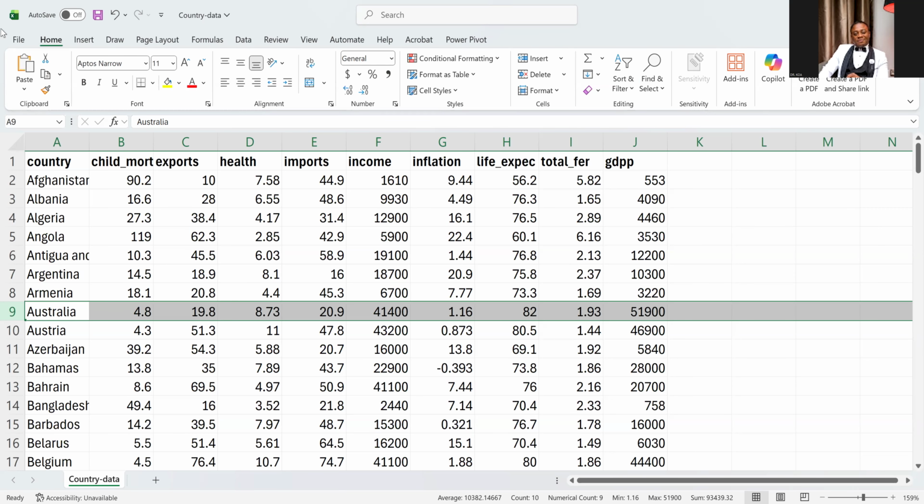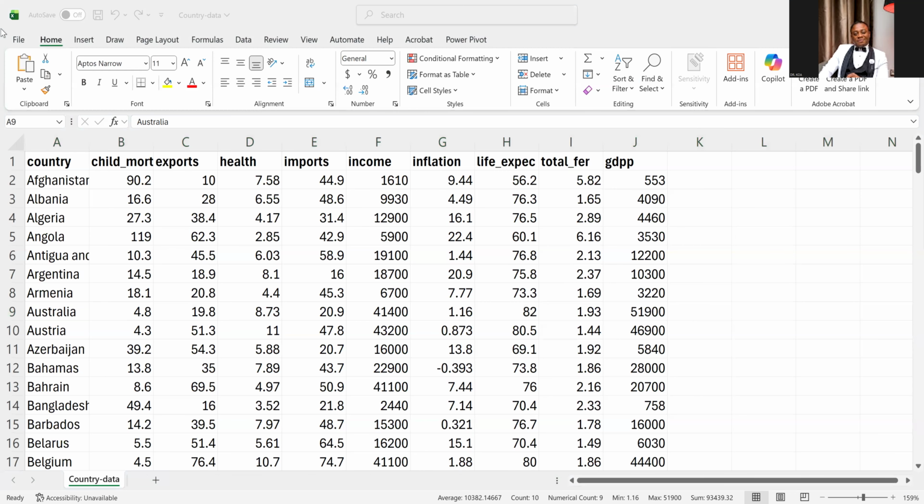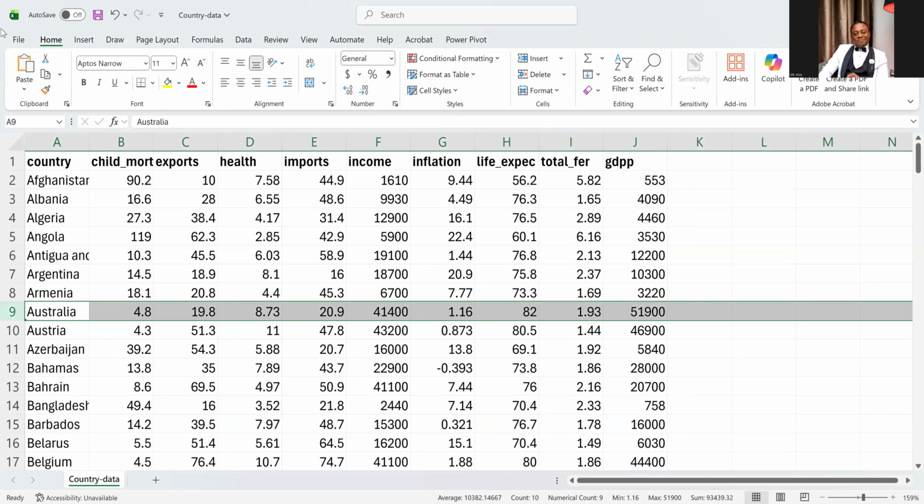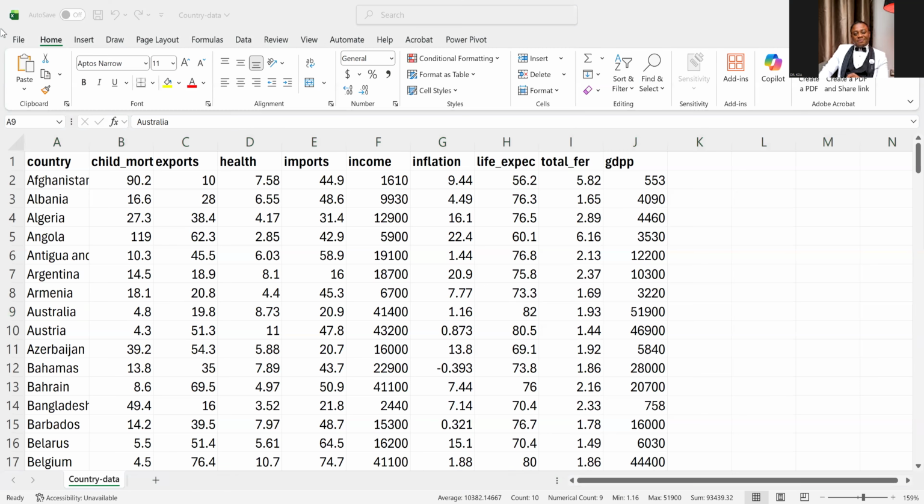This is the total expenditure on health as a percentage of GDP. How much are they spending on health given their GDP? Then imports. That is the value of the import as a percentage of per capita GDP. Again, between Afghanistan and Australia, you can see that Afghanistan is importing a lot.